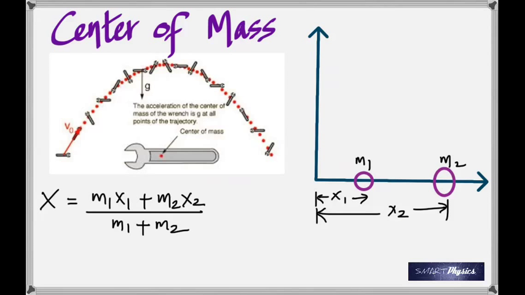That's how you find the center of mass. Done. So it's m1x1 plus m2x2 divided by the total mass. That's it. So with 2 points, the center of mass is always going to be on the line joining them. This is how you calculate.